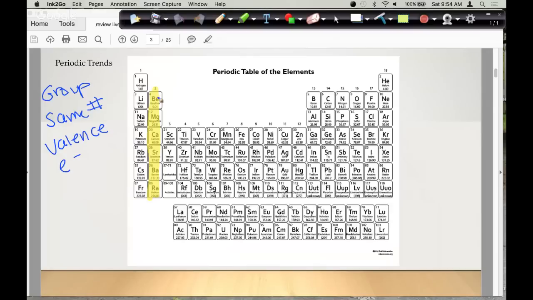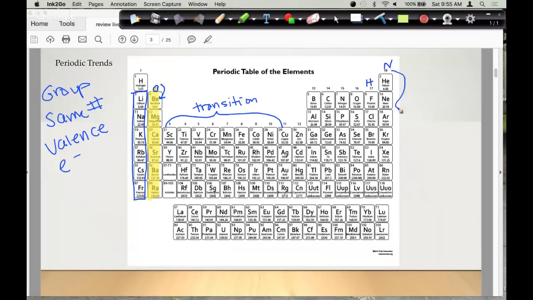If I look, for example, right here, this is group 1, and from lithium down to francium, these are called the alkali metals. Group 2, from beryllium down to radium, is going to be called the alkaline earth metals. Groups 3 to 11, sometimes people say 3 to 12, but 3 to 11 is going to be the transition metals, and 17 is the halogens, 18 is the noble gases.